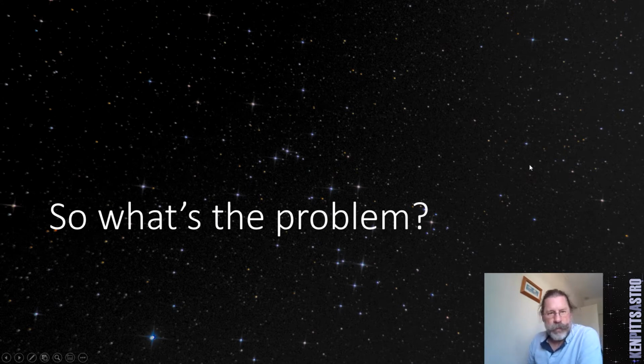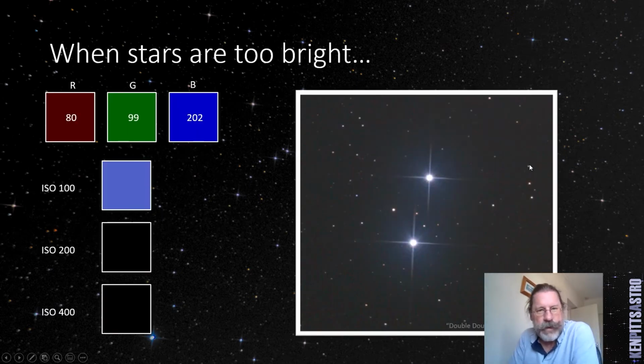So what's the problem? Well, let's take a picture of some stars. Okay, so this star, the double star, Epsilon Lyrae, if I take this photo with ISO 100, I get the values 80 for red, 99 for green, and 202 for blue, and it gives me this nice kind of lilac-y blue colour for the star.